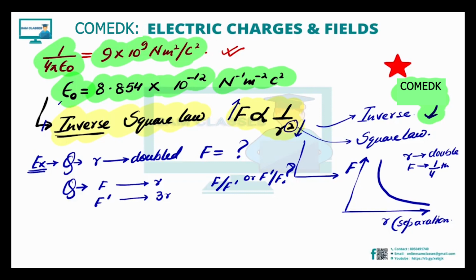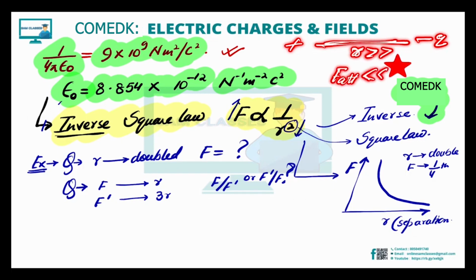The inverse square law says the same thing for charges. If you have two charged particles, one positive and one negative, attracting each other, the moment you increase the distance, this attraction force decreases. The moment these two charges go far apart, the attraction force goes down.